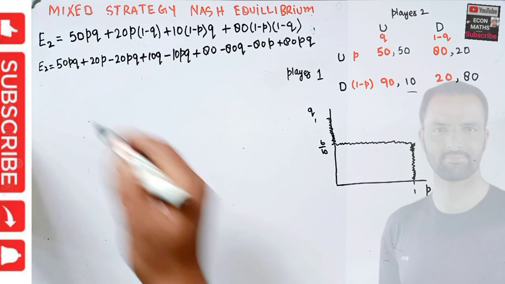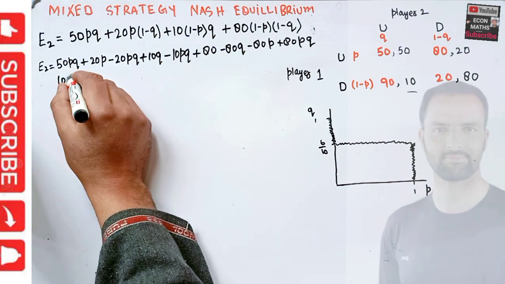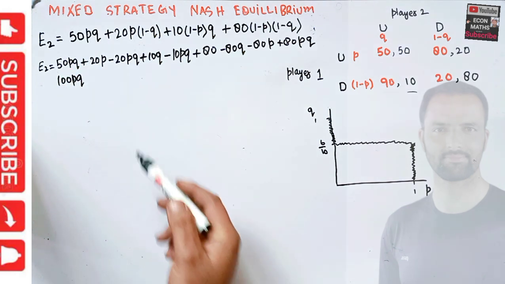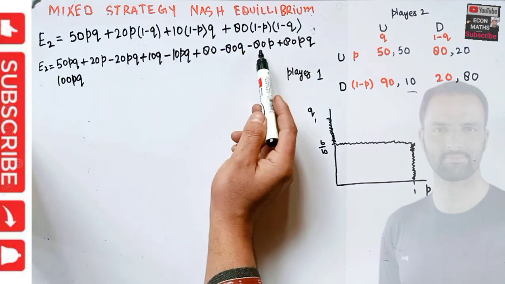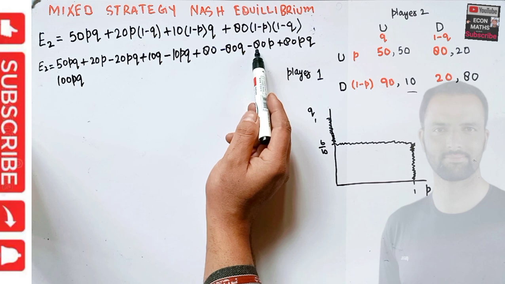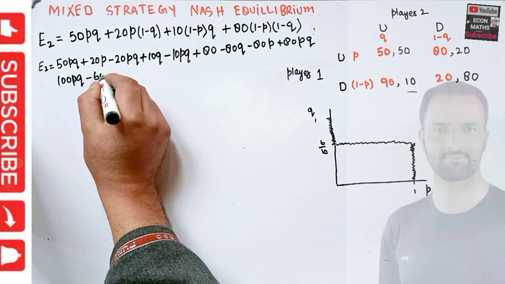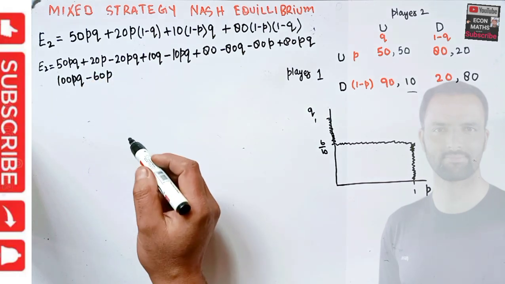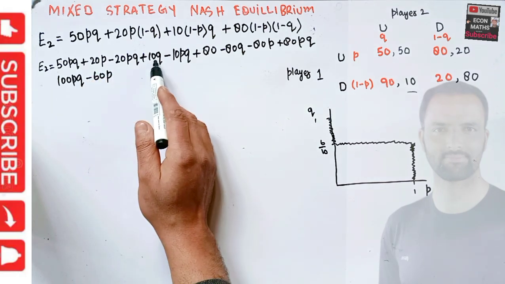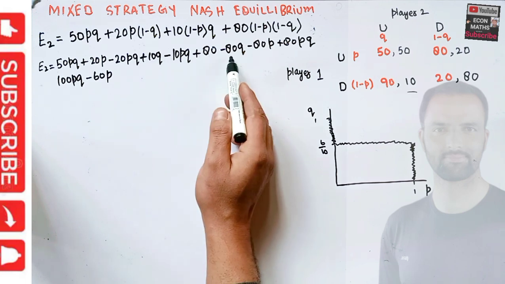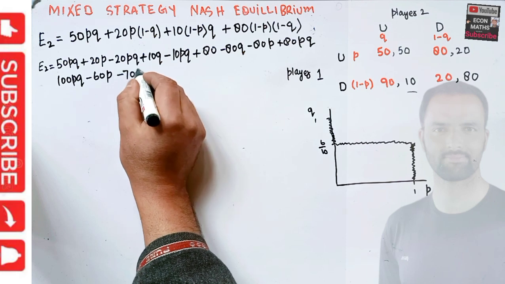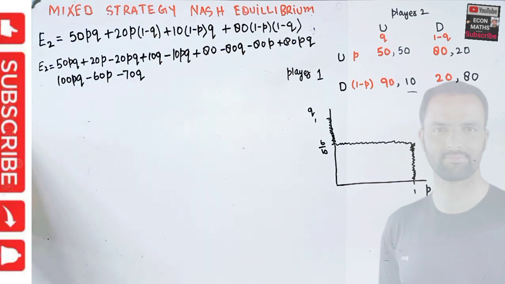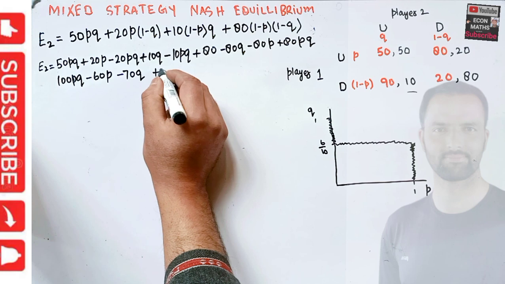Let me write it here. It is 100 PQ. Now what are our P's? We have 20P, then we have minus 80P. So 20 minus 80 comes out to be minus 60P. Then we have Q, so we have 10Q minus 80Q comes out to be minus 70Q. And we have the constant as 80.